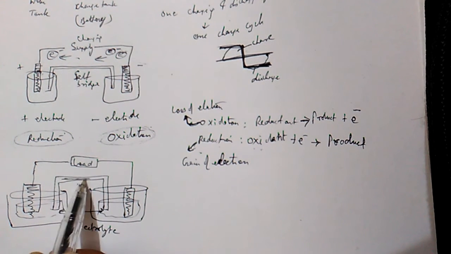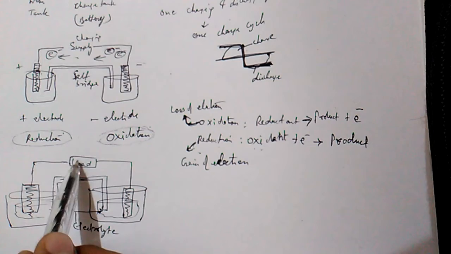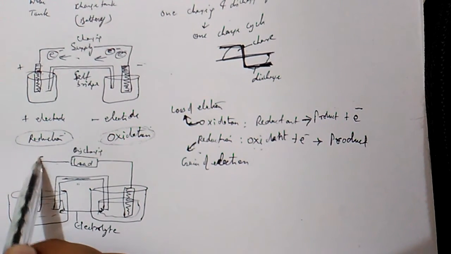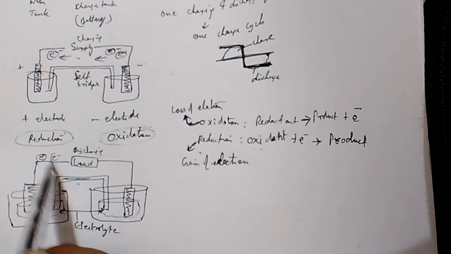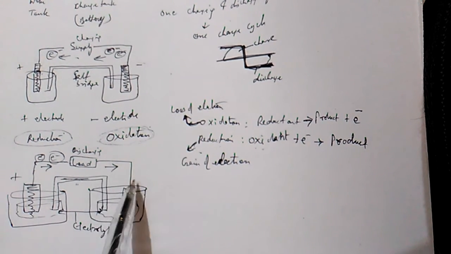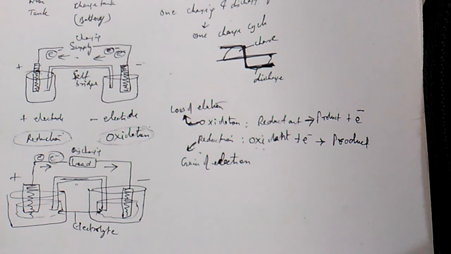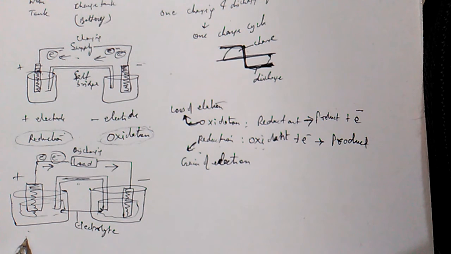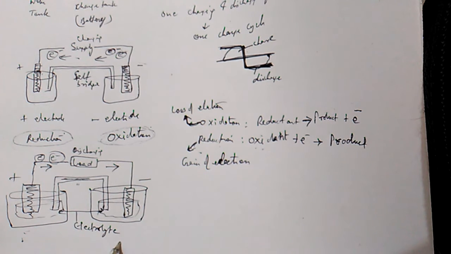During discharging, the electrons will flow from this side to this side, means from anode to cathode. Here reduction is there, the positive electrode, and here oxidation is there, the negative electrode.